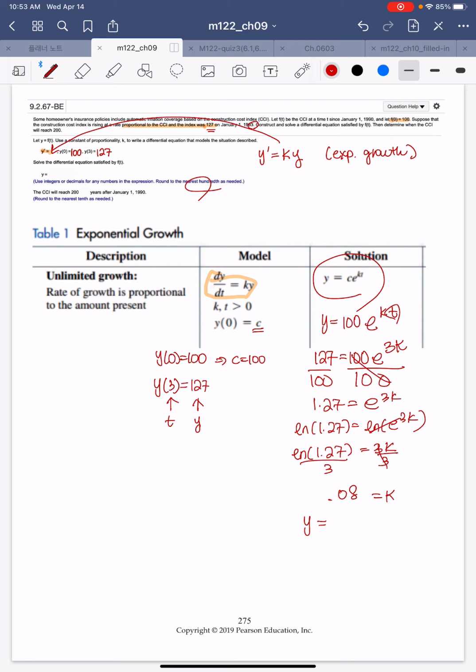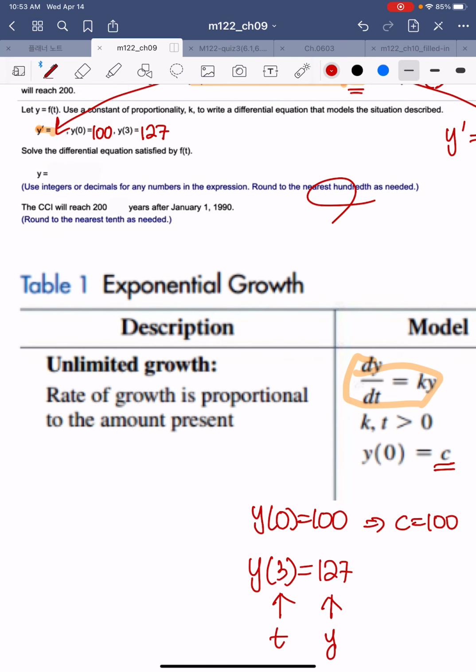So what is our equation? y is equal to C, which was 100, e to the 0.08t. So that will be right over here. y is equal to 100 e to the 0.08. I think they want you to use, okay, let me see.